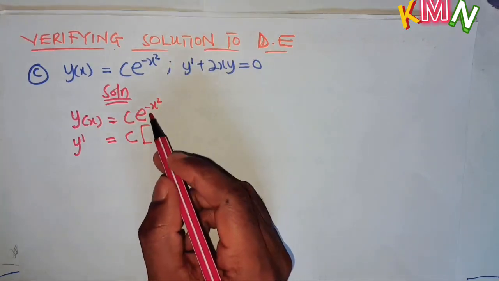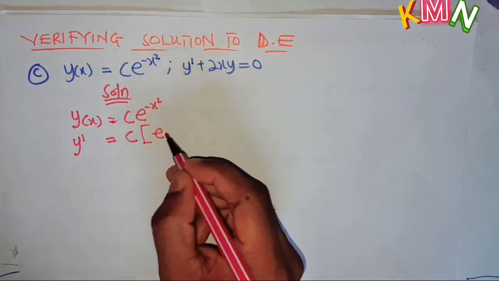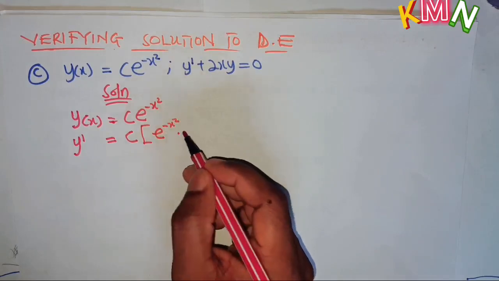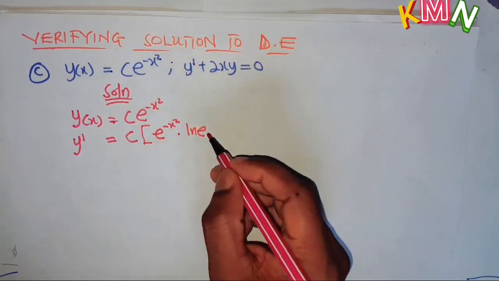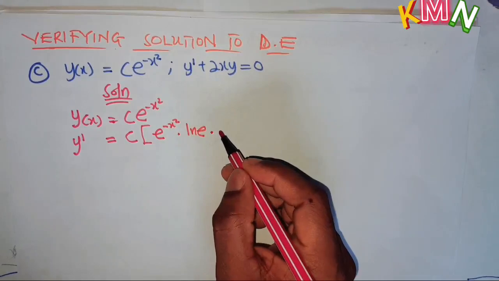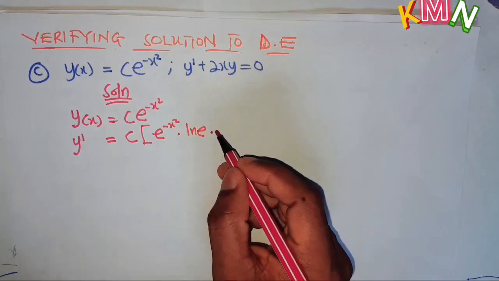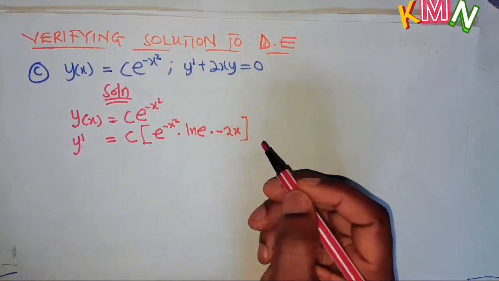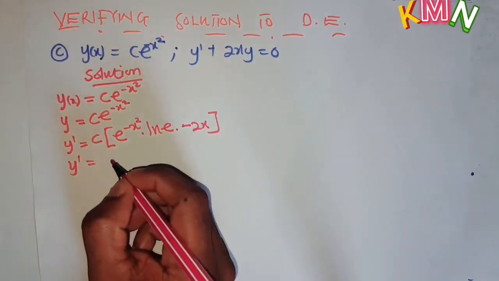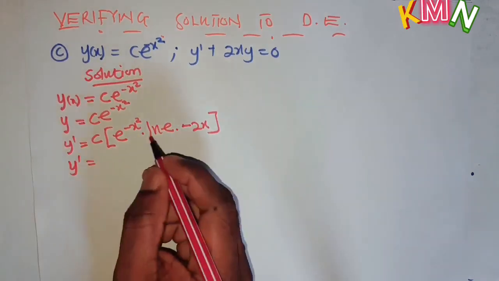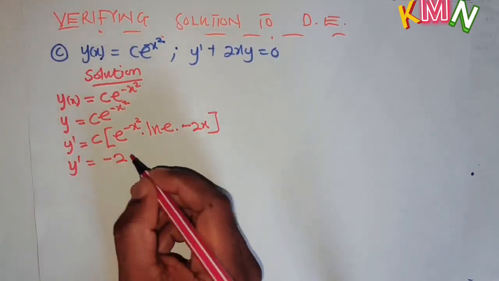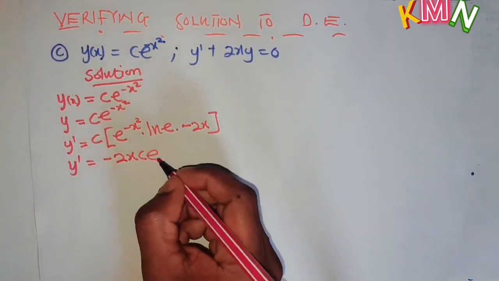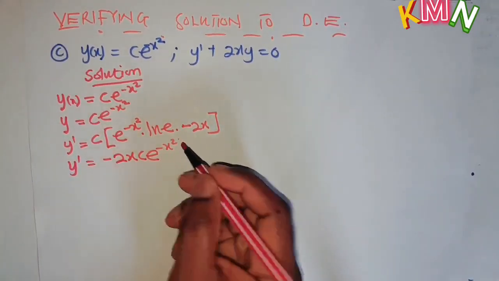This is exponential function, so you know the process. Maintain the function times length of the base times the differential of the function within function, and that will give us negative 2x. Simplify. In simplifying, we are going to get negative 2xc e power negative x squared.